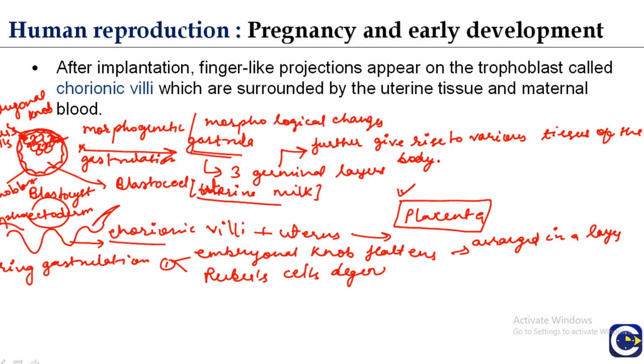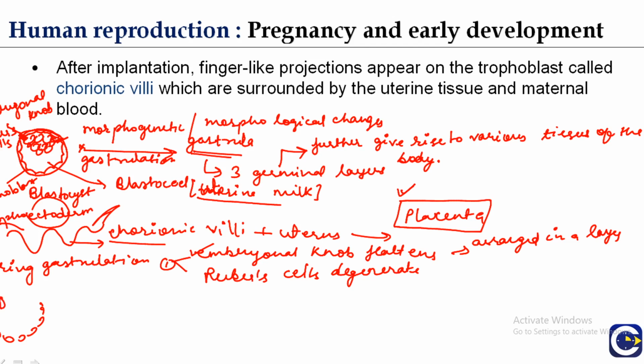degenerate. What are Rauber cells? Rauber cells are the cells which are in direct contact with this inner mass. So these cells from here to here are the Rauber cells. During the gastrulation process, the embryonal knob flattens and is arranged in a layer, and the Rauber cells degenerate. So the structure which is formed further in the process is like this.